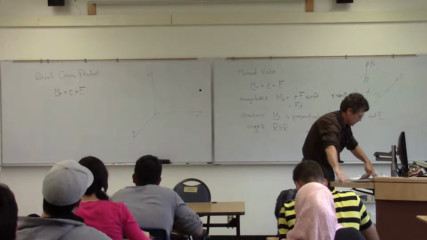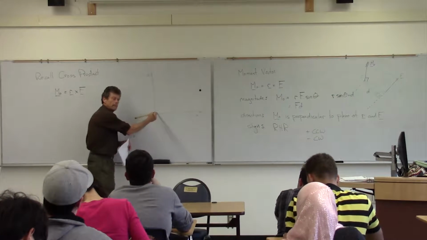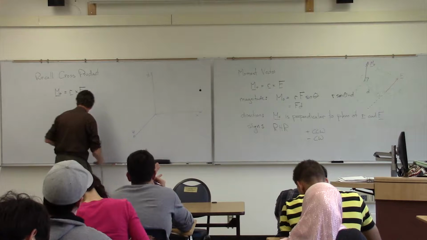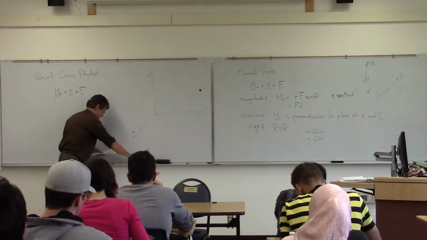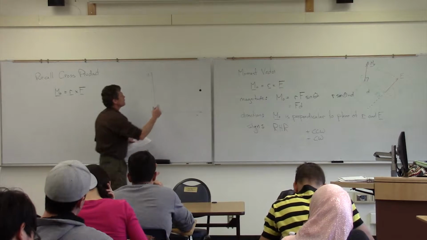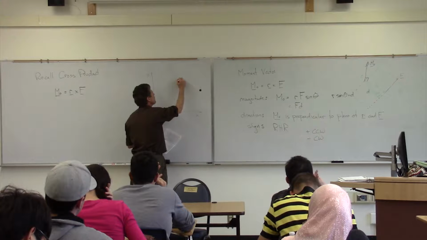And I will get my prop here. So Z is going to be doing this sort of thing. Now, what I'm going to be interested in doing is looking at a force somewhere out here now. So I'm going to draw it on the board here.